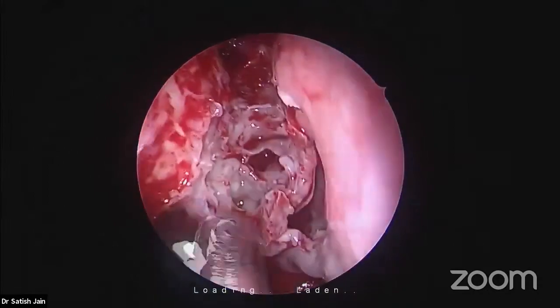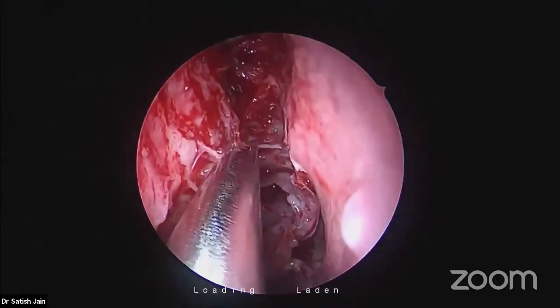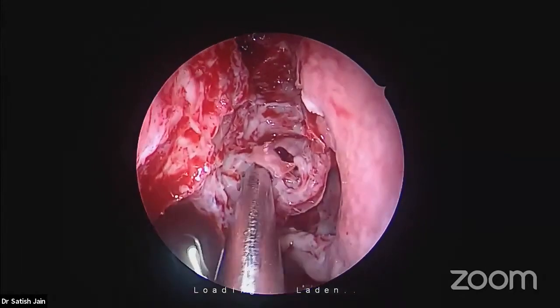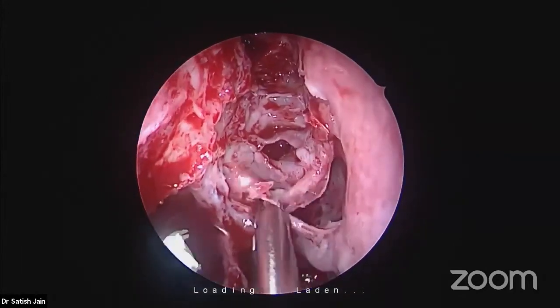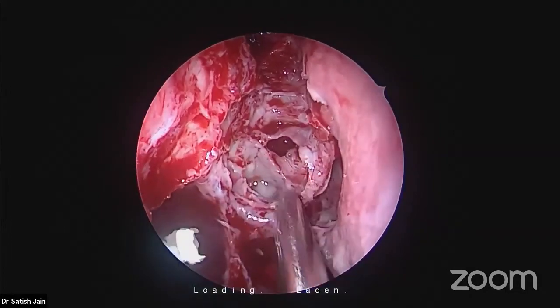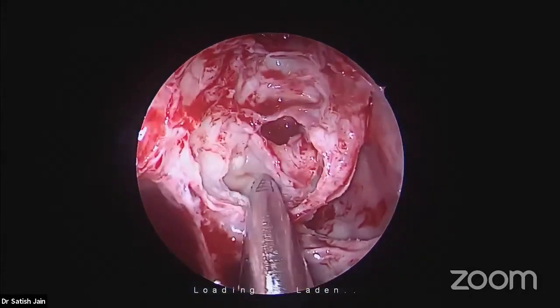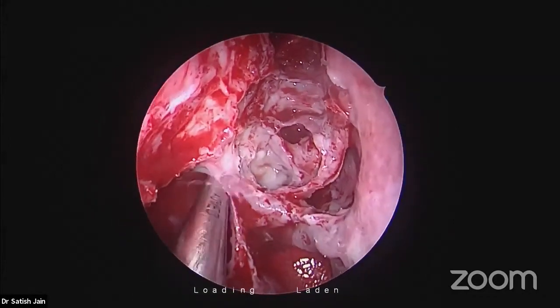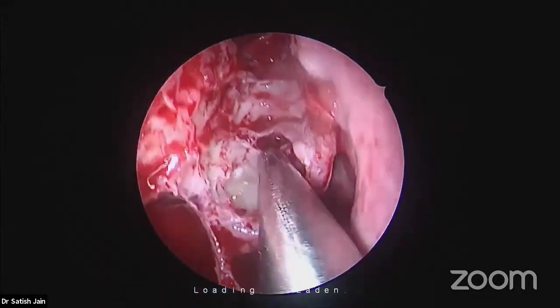Again, your lateral limit is the lamina. Medial limit is your turbinate. And I have an insurance here that I will never damage the optic or carotid as long as I keep my sphenoid ostium as my posterior limit.